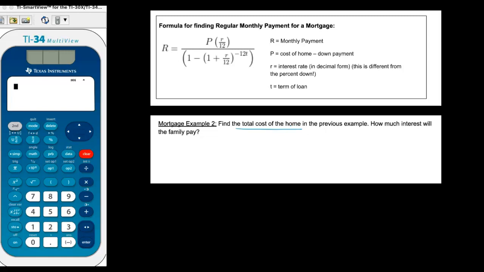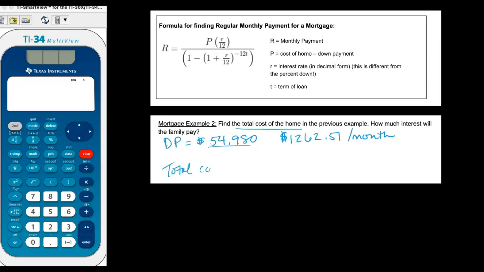So you can recall in the previous example, we found that the down payment that was made was $54,980, and then the monthly payment was $1,262.51 per month. So if we want to know the total cost of the home, we have to factor in the down payment because that was paid.